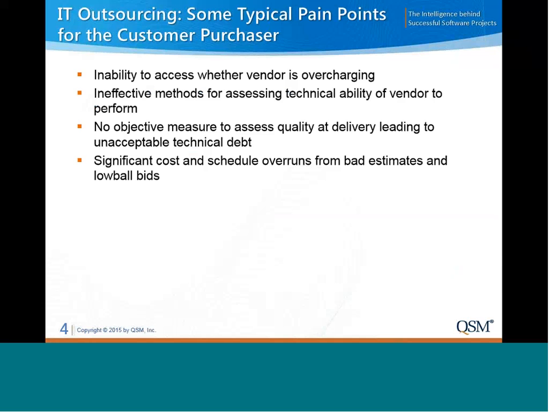Schedule delays or projects that fail to complete altogether can also lead to business disruption or even regulatory and compliance issues if that software is intended to address something in that area. And then also delivery of poor quality software increases O&M costs, and it can also increase the risk of security vulnerabilities. The more defects and technical debt you have in deployed software in production, the more potential security holes there are going to be. So lots of potential impact from these pain points.